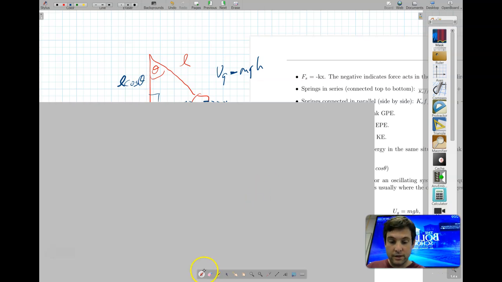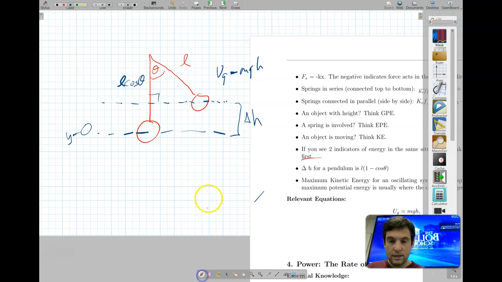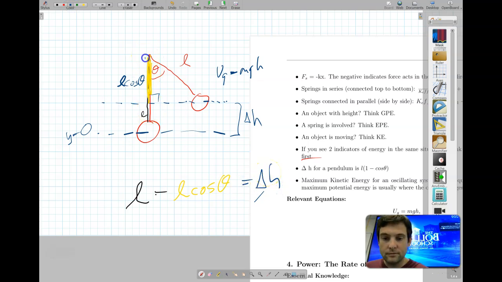So really what we're trying to do is take this full length in black and subtract out this smaller piece in yellow. So we'll take the full length and we'll subtract out the smaller piece, and that will give us our change in height. Full length minus this gives us just this change in height that we need.